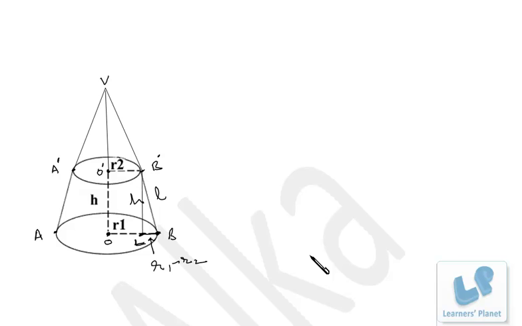Now friends, the important thing over here is this triangle VO dash B dash and VOB. Both of them are similar to each other, right? Because this line is parallel to this line, right? So triangle VO dash B dash is similar to triangle VOB, right? If two triangles are similar, obviously their sides will be in the ratio.